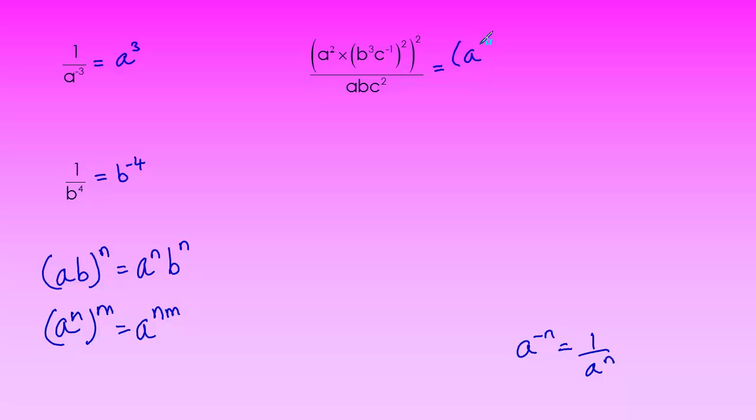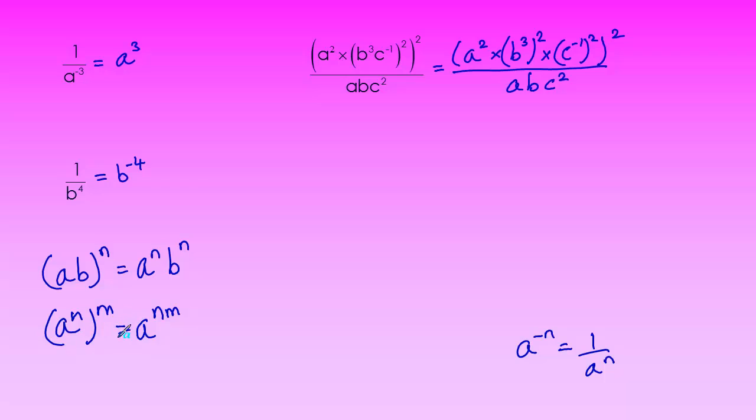So the a squared is just going to sit there for the moment, and then the b cubed needs to be to the power 2, as does the c to the negative 1. And all of that is squared, and it's all over a, b, c squared.